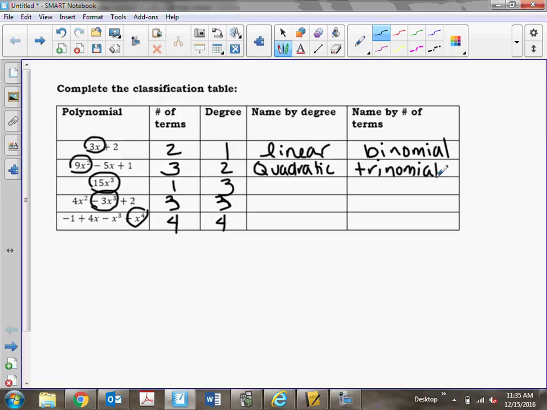Next one has a degree of 3 and it is 1 term. So we would call this a cubic monomial. Next one has a degree of 3 and 3 terms. We would call this a cubic trinomial.